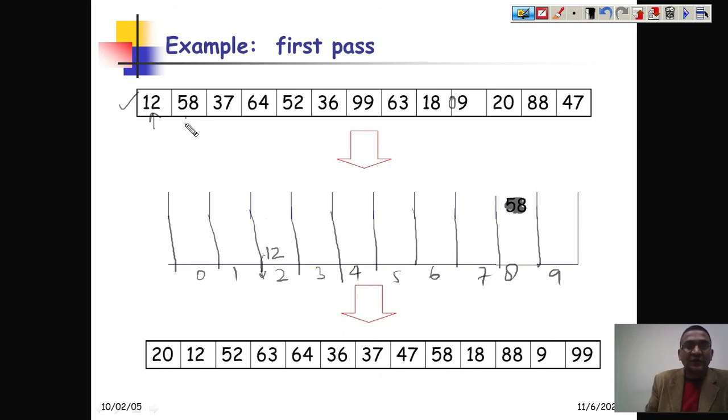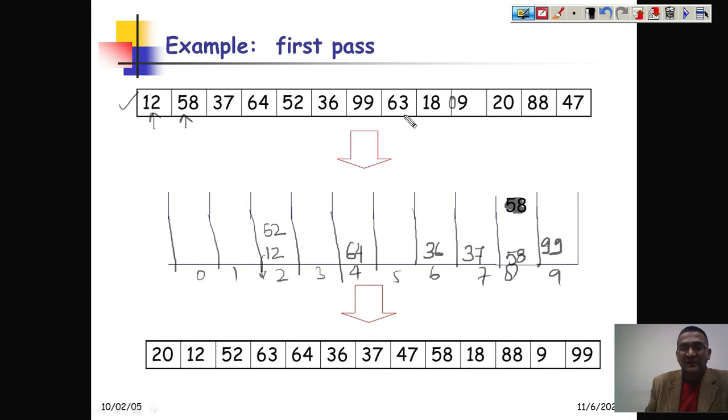Then you read this 58, and because we are doing the first pass, you need to read the rightmost digit, 8, and then you go to bucket 8, and this is 58. Then 37, that means 7, so you go here. Then 64, so 64 means 4, so you go to bucket 4. Then 52, so you will go here. Then 36, then 99.